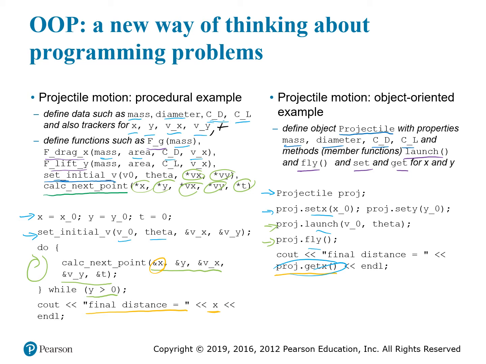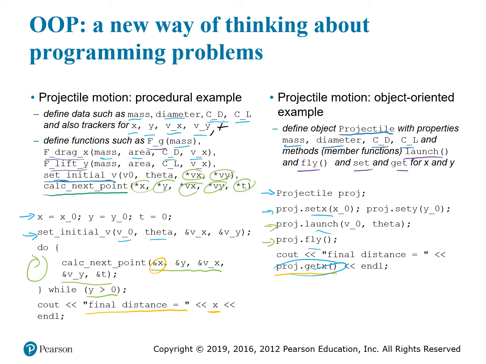The procedural code over here, next to impossible for your average person who isn't a programmer to even wrap their mind around. Whereas projectile.set, projectile.launch, projectile.fly, those are pretty simple concepts to wrap your mind around.